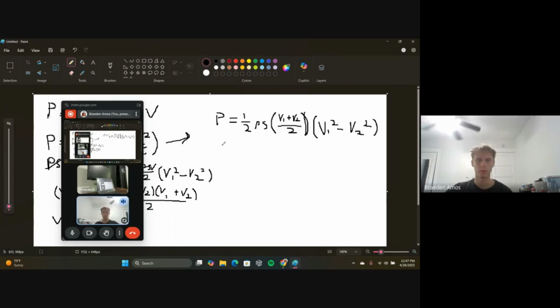So we're going to keep simplifying this. So P is equal to 1 over 4 rho S times (V1 plus V2) times (V1 squared minus V2 squared).